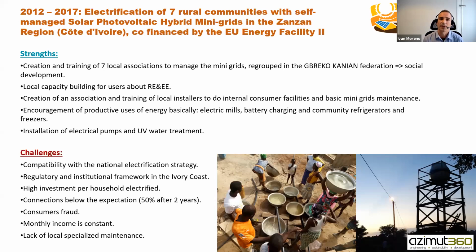You have to prepare people to manage these installations, and in each town you need these facilities. So the encouragement of productive uses of energy is important: basically electric mills, battery charging, and community refrigerators and freezers. So that's the idea.